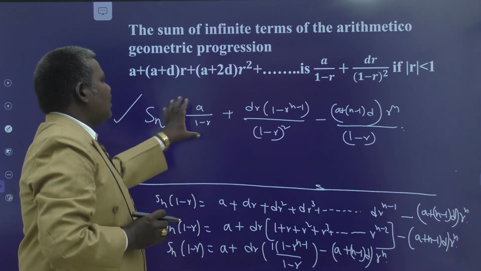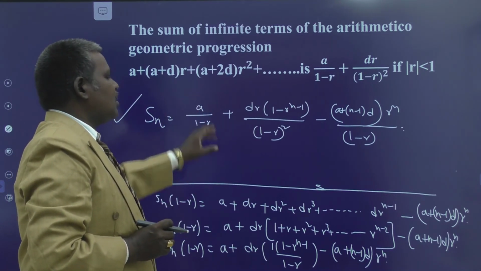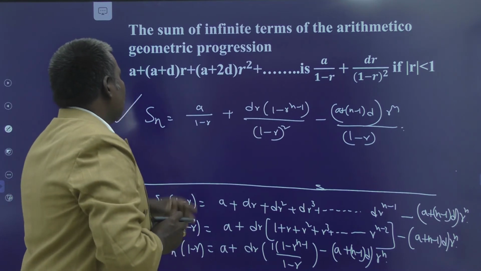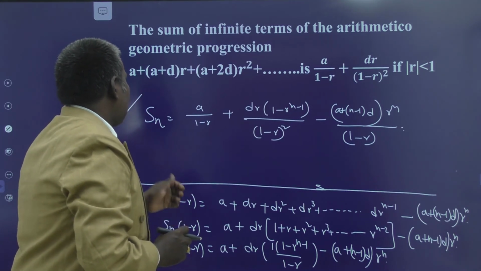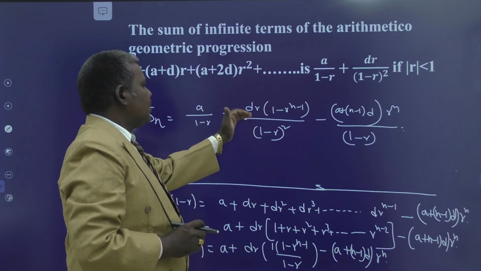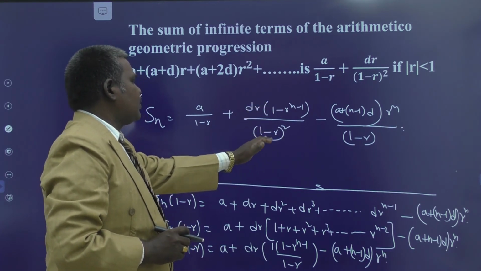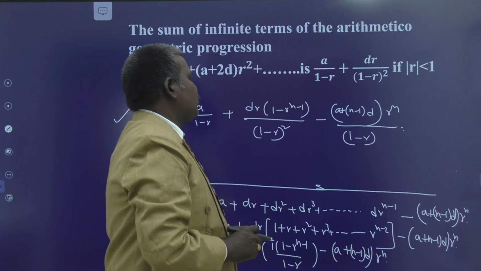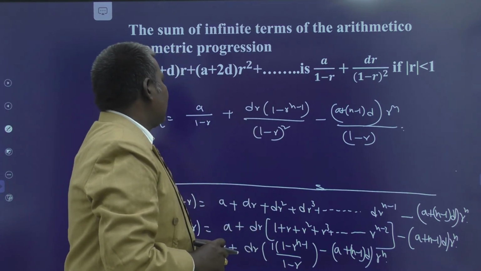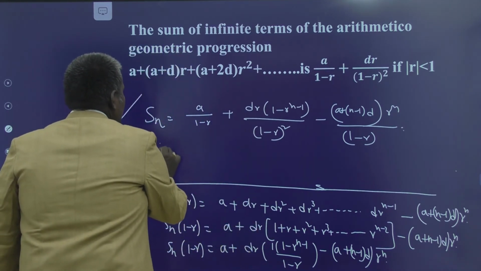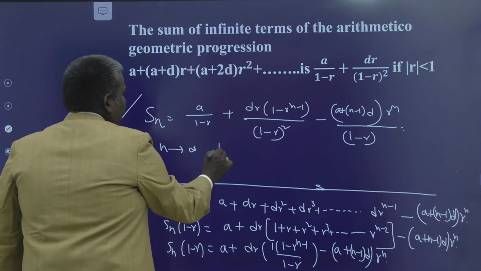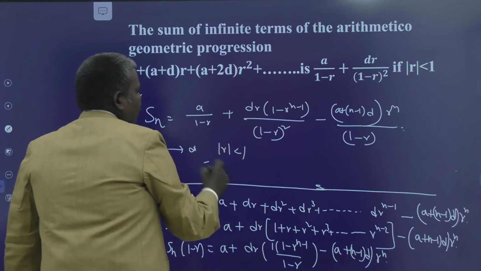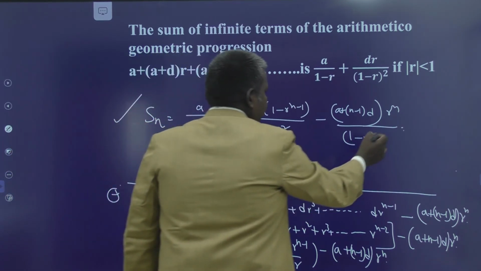My dears, always you have to remember this one. This is also an important formula for you with respect to JEE Mains. A by (1 minus R) plus dr into (1 minus R power n minus 1) by (1 minus R) whole square, minus (A plus (n minus 1) into D) into R power n by (1 minus R). As n tends to infinity, with mod R less than 1, can I leave the term?